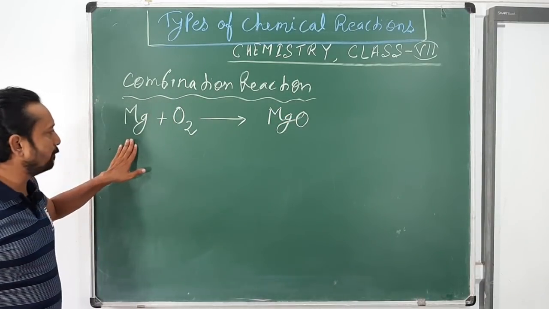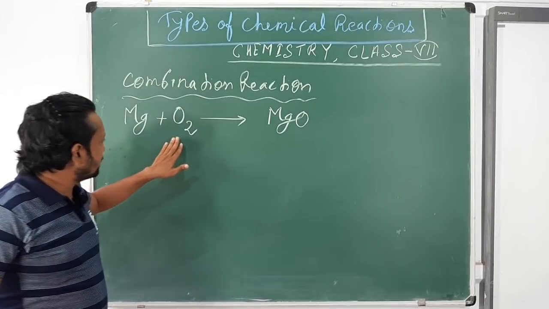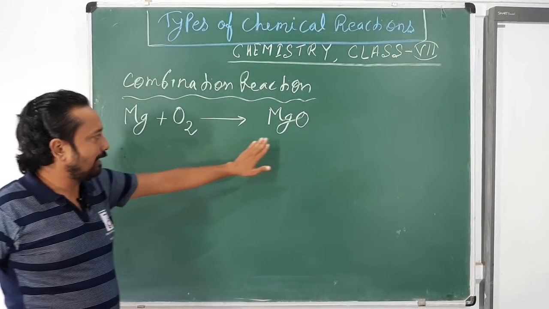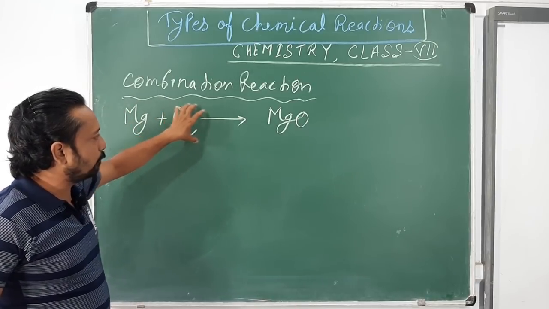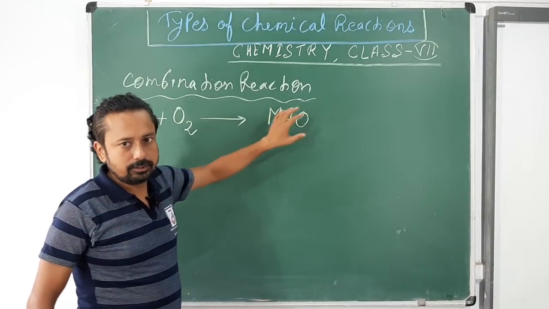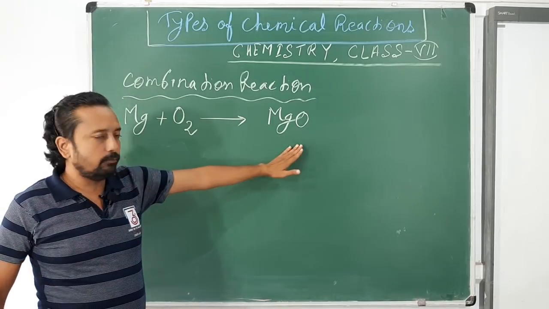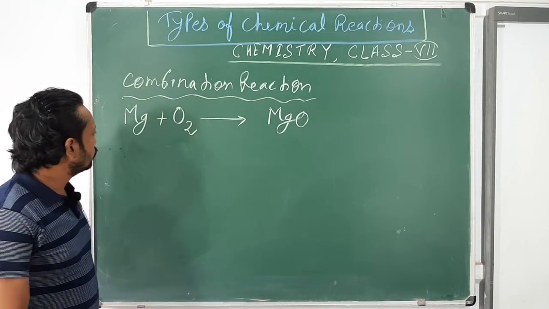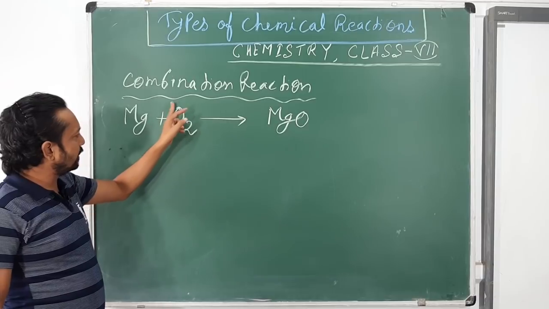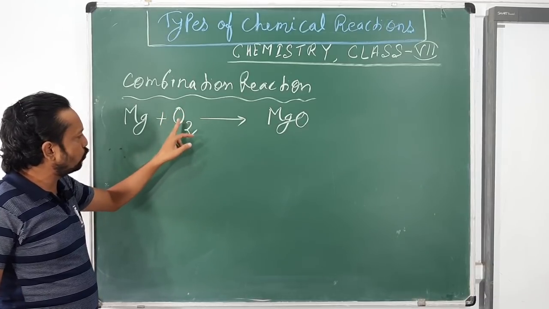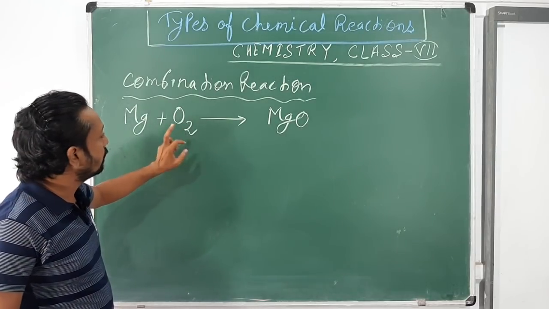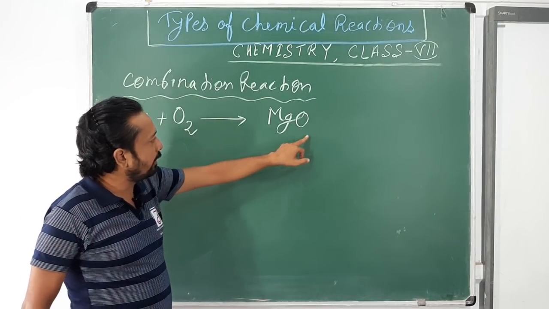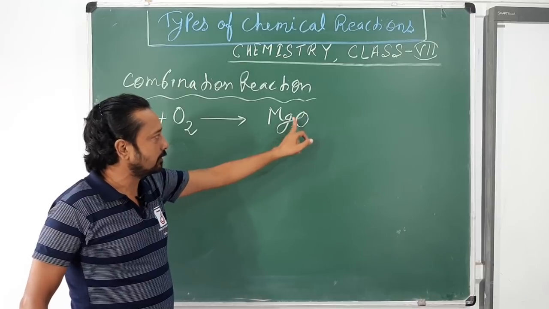So here magnesium ribbon combusts in the presence of oxygen and forms magnesium oxide. Two reactants combine together and form one new single product. This is an example of an oxidation reaction. In oxygen, basically two atoms of oxygen are involved in one molecule of oxygen, and on the product side only one atom of oxygen is there.